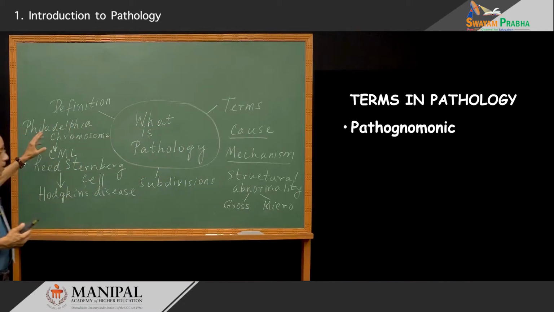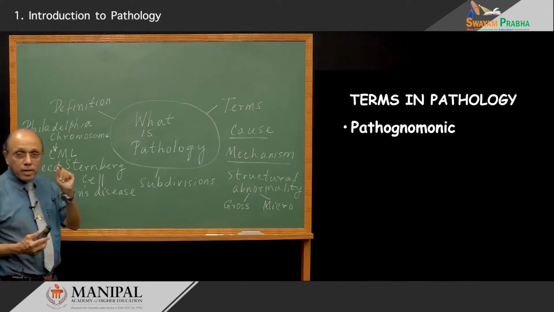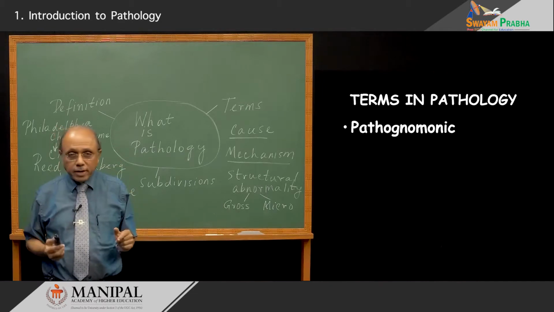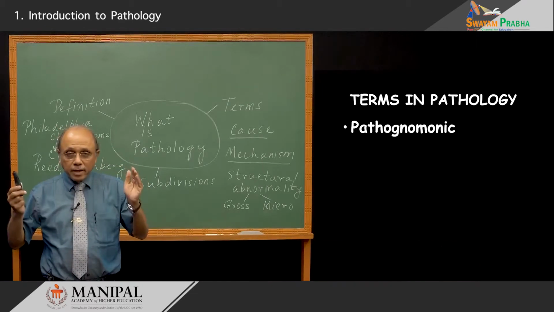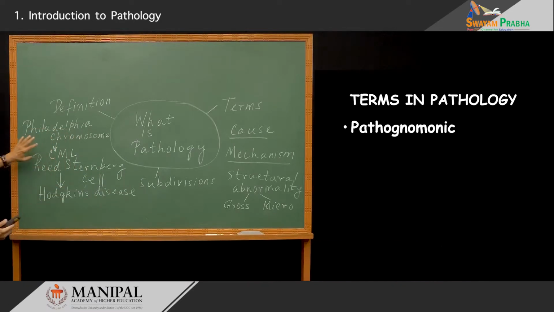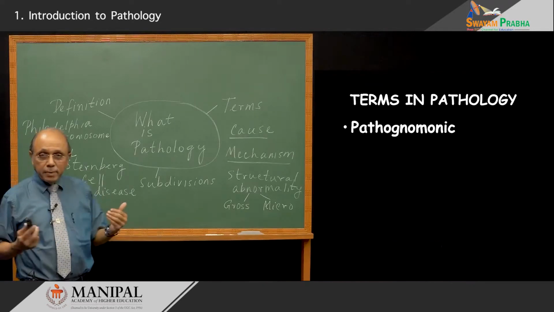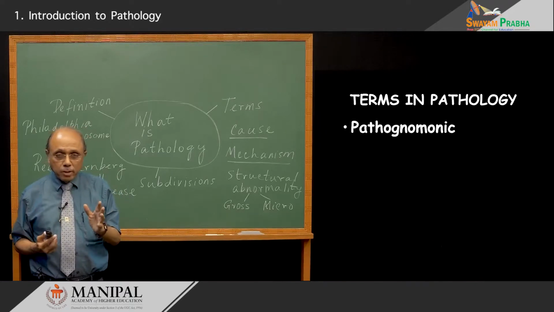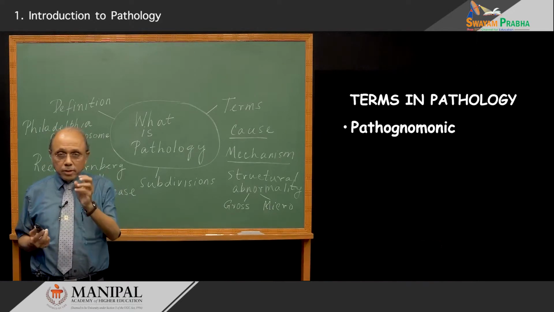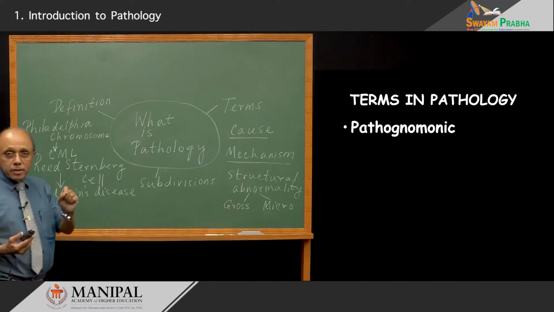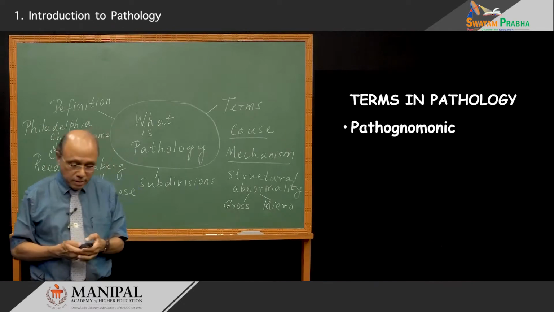So, the word pathognomonic is to be used only in those situations where that symptom, sign or laboratory finding is specific and unique to that particular condition. So, it has to be used very carefully, cannot be used just because it could be a characteristic finding, it does not make it absolutely unique to that condition. So, the word pathognomonic must be reserved for those situations where that particular finding is very unique to that particular disease. So, that is pathognomonic.